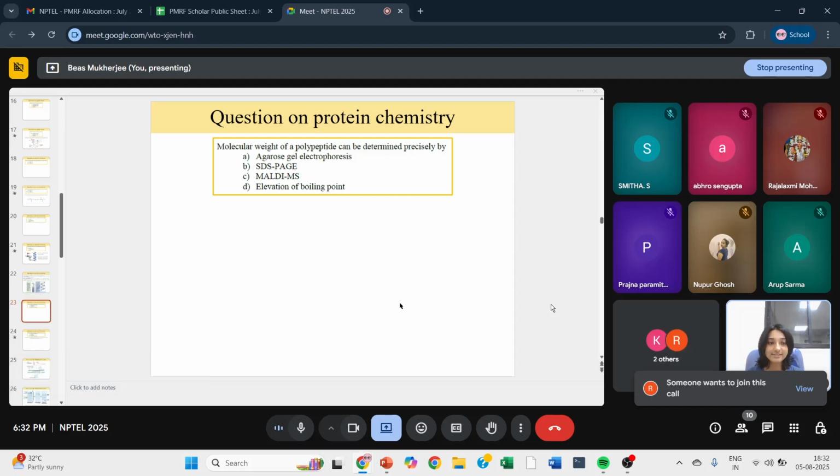Now let's see if you can answer. Agarose electrophoresis, SDS-PAGE, MALDI-MS, and elevation in boiling point. I don't know where elevation in boiling point is coming from, but let's see if you can think of something.